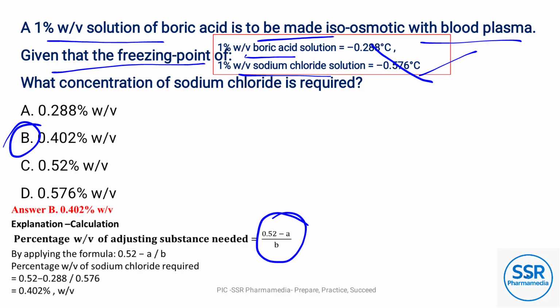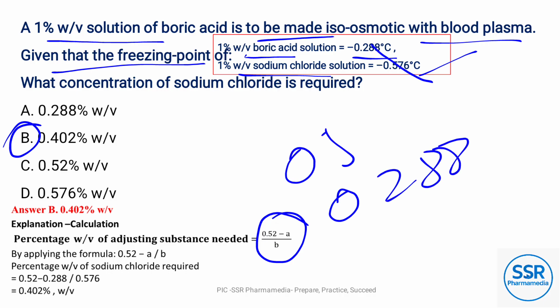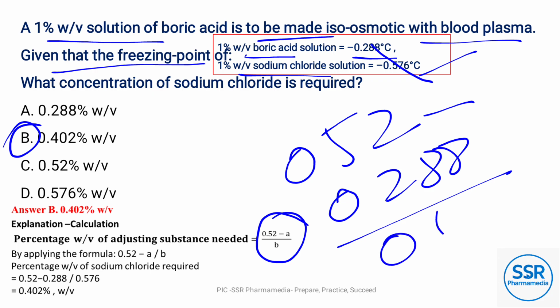When substituting in the formula, A is the boric acid freezing point depression, 0.288, so 0.52 minus 0.288, divided by B, which is sodium chloride, 0.576. Finally the answer is 0.402% weight in volume.